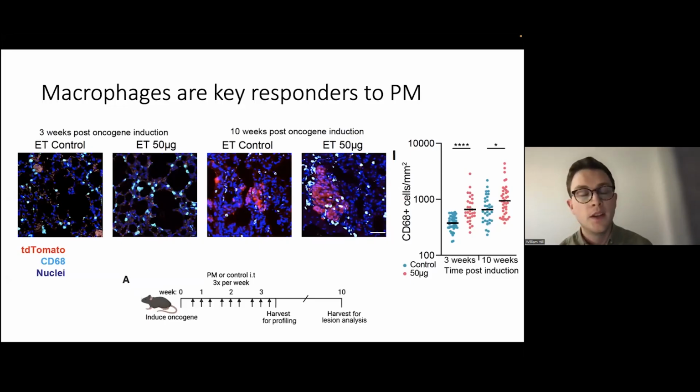We found that directly after finishing the exposure protocol, there was an elevated number of macrophages within the system. And even at 10 weeks post-oncogene induction, this is almost 2 months past finishing the exposure protocol, there's still elevated macrophages, perhaps suggesting some sort of feed-forward loop between the tumor that's arising and the macrophage response.